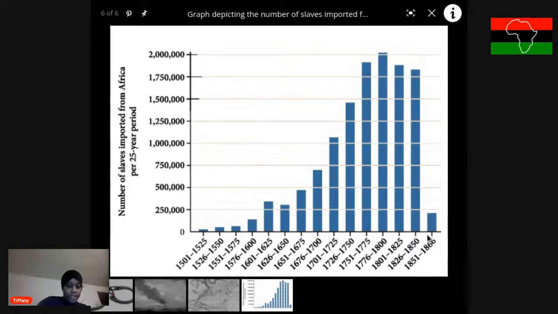And then the numbers started to get smaller in 1851 and 1866. But the number was much smaller in 1501 to 1525. Why is that number so small? Because the first people that went to Africa to start getting slaves were the Portuguese, and they didn't get that many slaves during that time. Okay, it was the Portuguese and Spanish people.